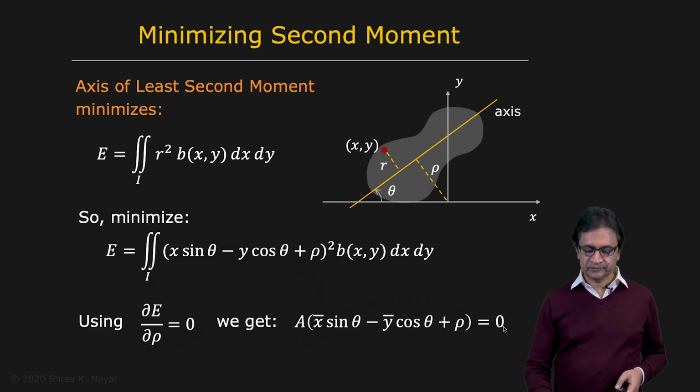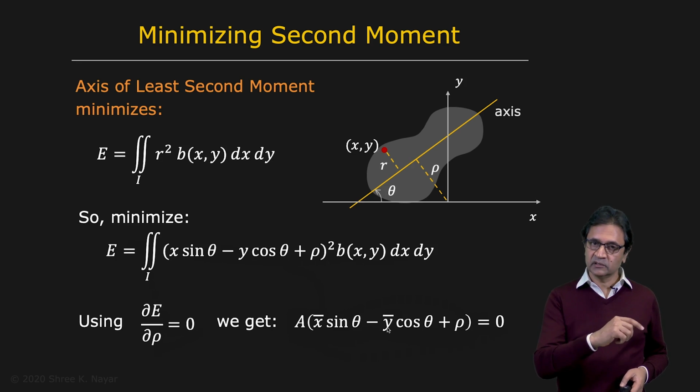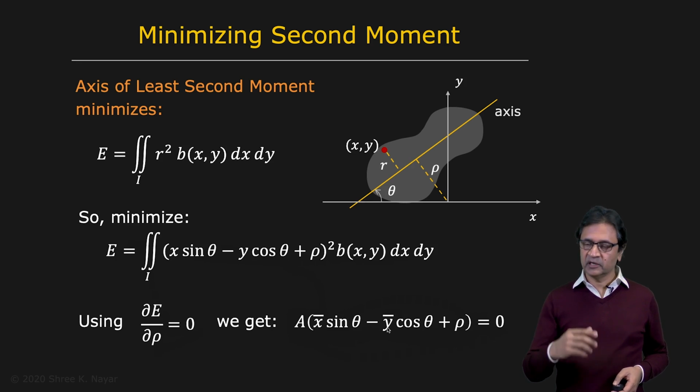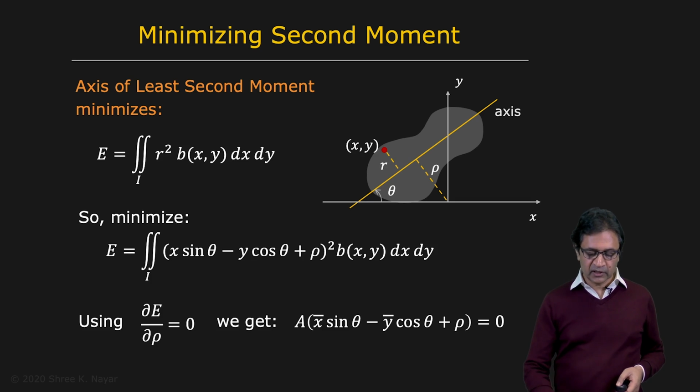It turns out, because we know that A is not 0, otherwise the binary image would be 0 everywhere, you know that this is equal to 0, and here remember that x bar and y bar are the center of the area that we computed earlier.